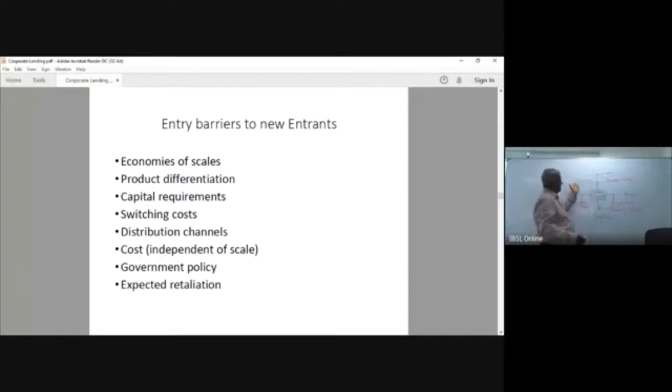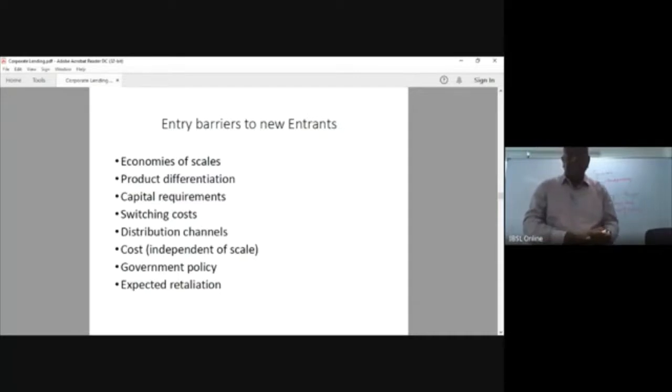But there can be entry barriers. They prevent new entrants from coming into the industry, thereby preventing an increase in competition. For a new entrant, there are certain entry barriers. What are those things?